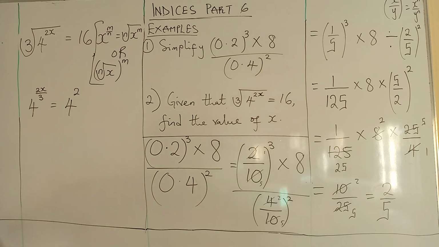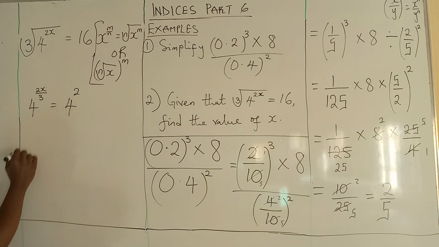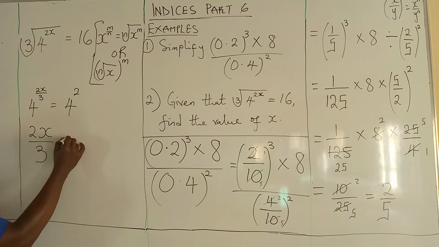Still, from our knowledge of indices, the base here is 4, and the base here is 4. It therefore means that since the base in the left-hand side is equal to the base in the right-hand side, the power in the left-hand side must also be equal to the power in the right-hand side.